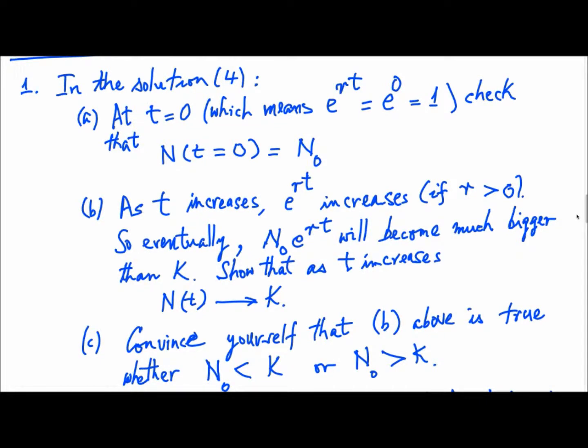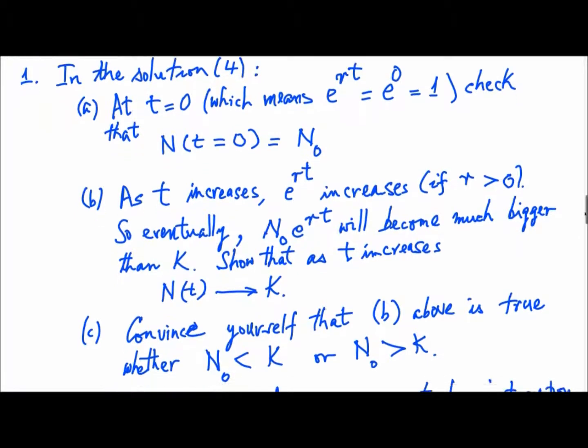It's important that we check a few basic things about this, and these I've got down here as exercises. The first is, when t equals 0, you ought to find that N at t equals 0 is N0 based on our expression, and that indeed is true. The second thing is, what happens as t increases?